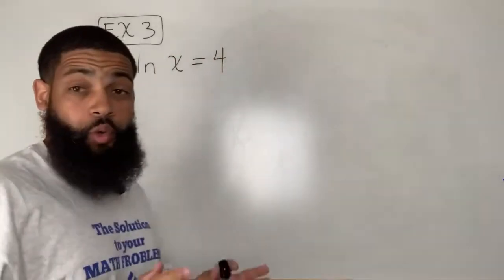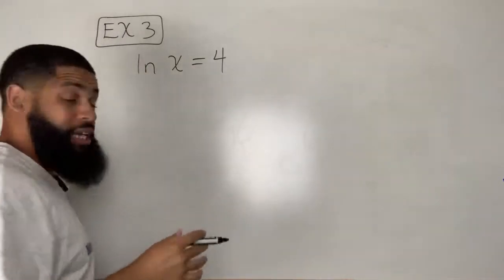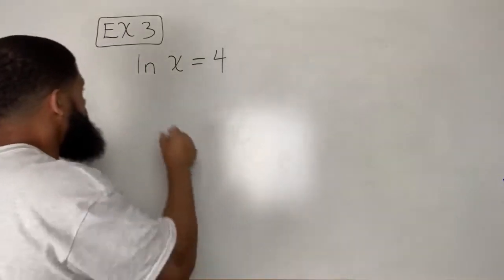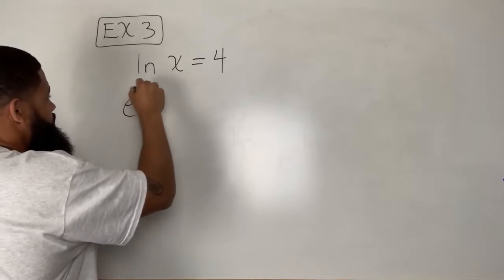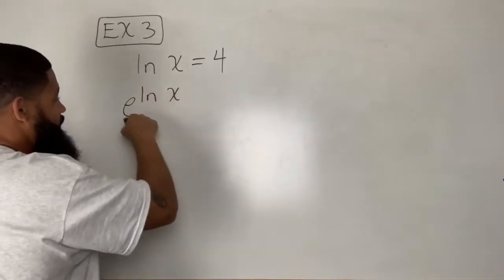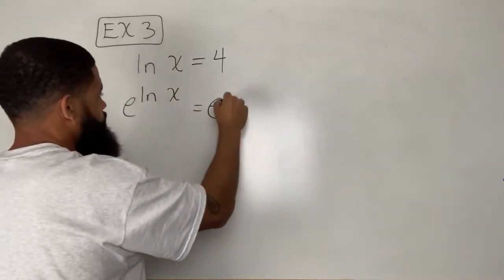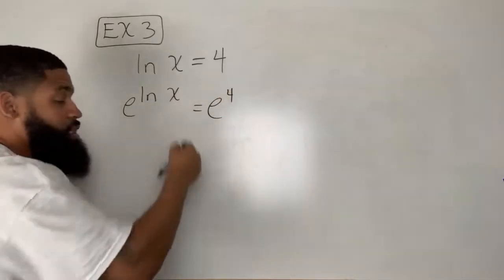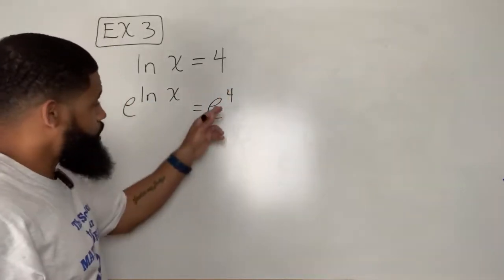All right, so I need to figure out what x is. So the natural log of some number is 4. Well, I need to take this and raise it by e. Okay, I'm going to raise both sides by e. So e to the natural log of x power is equal to e to the 4th power.